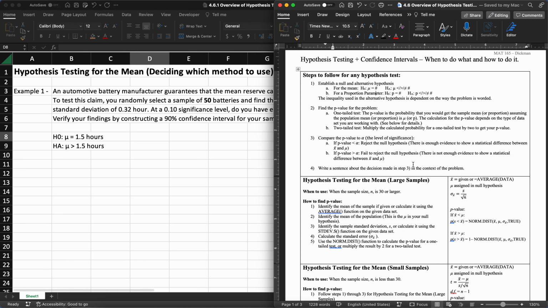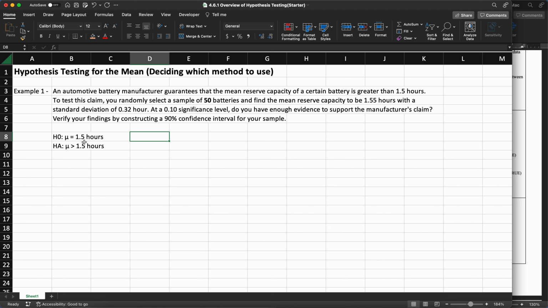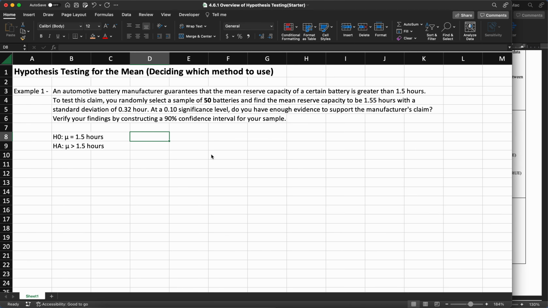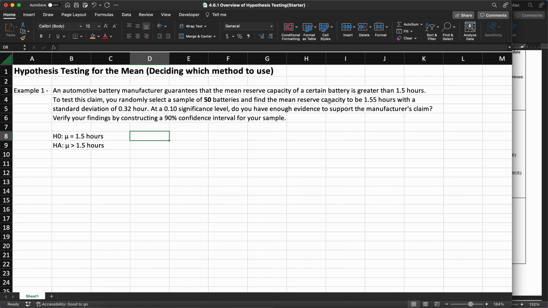So let's look at the steps here to find the p-value, because I want to know what the probability of getting this value is. First, I have to identify the mean of the sample if given, or calculate it using the average function. I'd only have to calculate it if I were given data values instead of just given what the mean is.